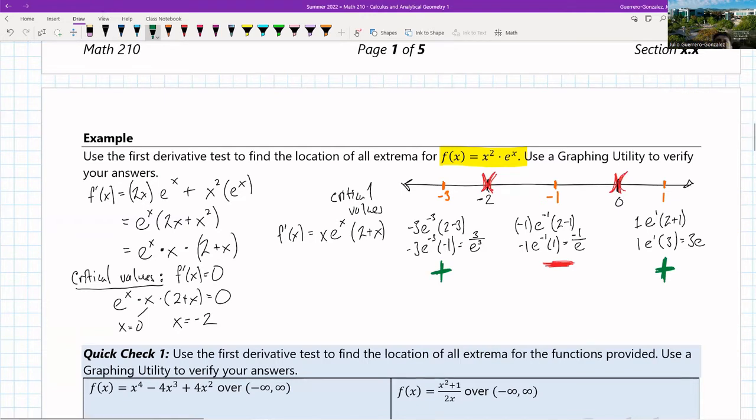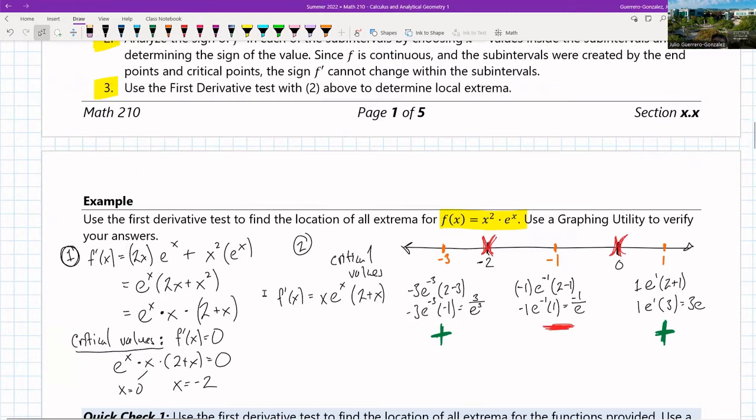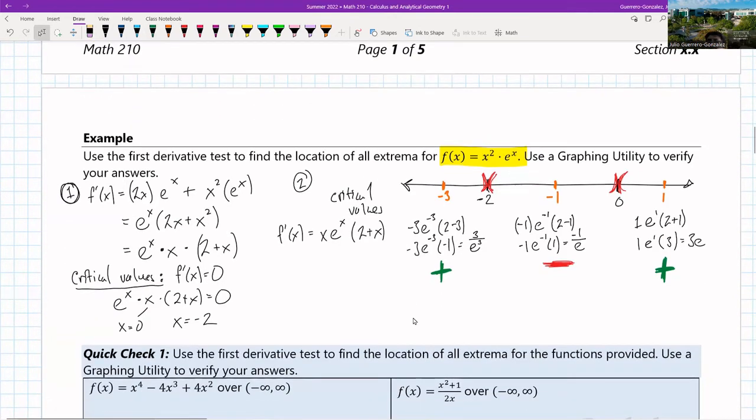So now, let me actually write what we were doing here. This is step 1, right? This right here is going to be step 2 from our list from above. So the last step is to use the first derivative test to determine what kind of a local extremum you have. So here's step 3, the very last bit. Step 3 says, look at your signs and determine what kind of extrema you have.